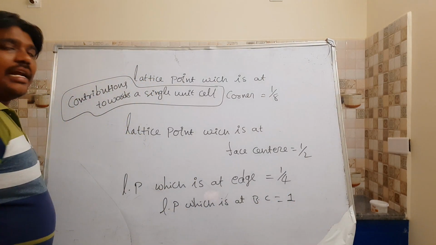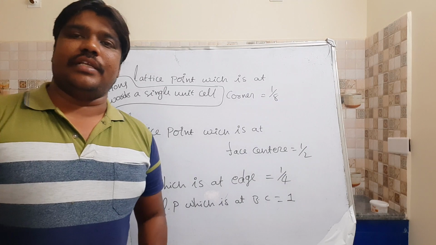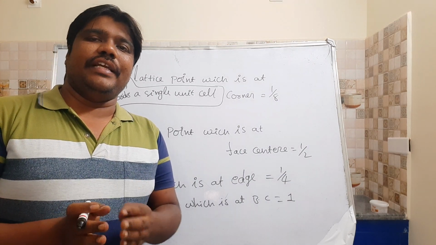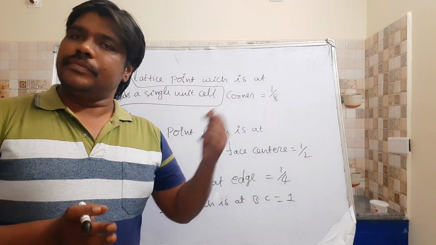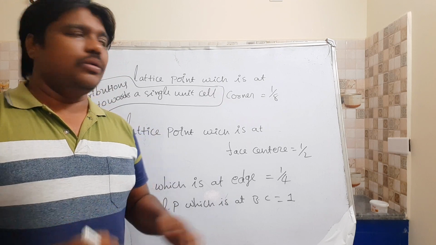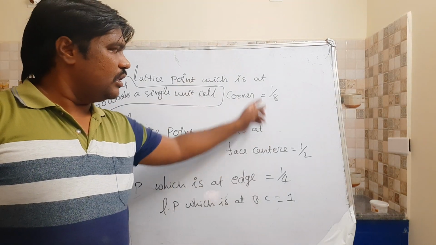The body center lattice point belongs to the same unit cell. It is not in contact with any other unit cell. Keep that in your mind. You have to memorize all these contributions.